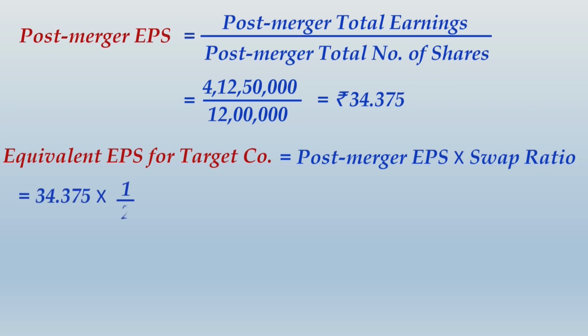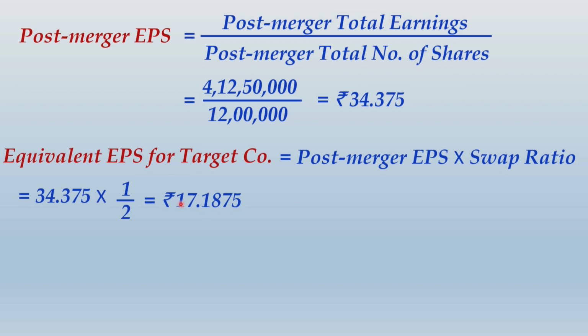So it will be 34.375 into 1/2, that will be 17.1875. Let me once again remind you what you have to do with this equivalent EPS from the viewpoint of target company. This has to be compared with the pre-merger EPS of target company to arrive at gain or loss in earnings to the shareholders of target company.